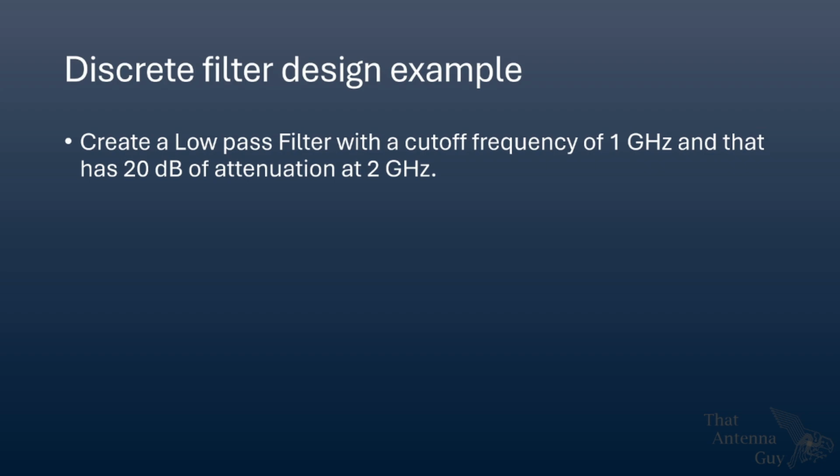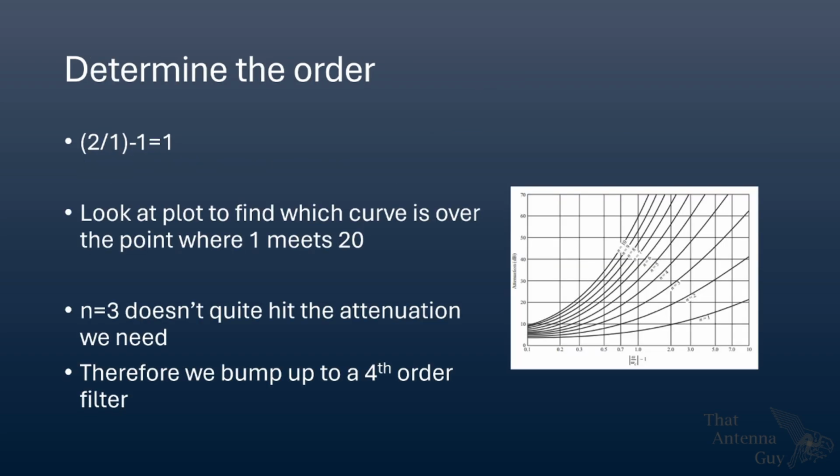Say you've been told to create a low-pass filter with a cutoff frequency at 1 gigahertz, and it has 20 dB of attenuation at 2 gigahertz. So first we have to look at our table, and we know that 2 over 1 is 2, minus 1 is 1. So we'll look at 1, and we decided we wanted 20 dB of attenuation at that frequency. So we go to 20 dB.